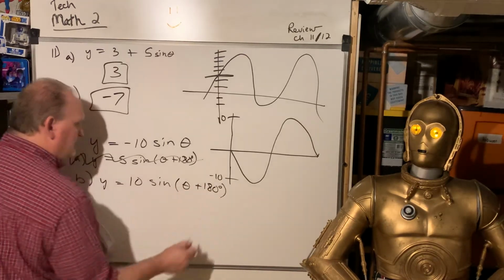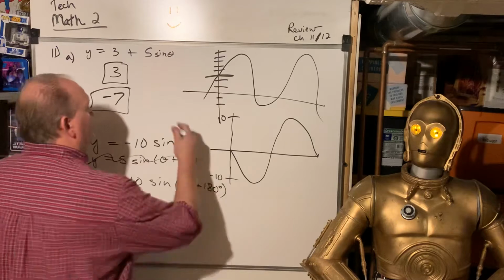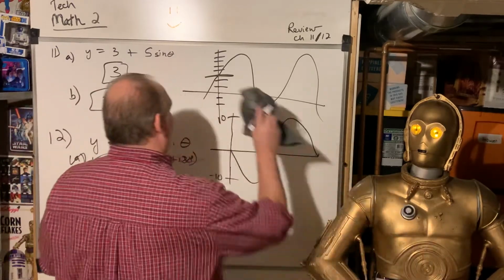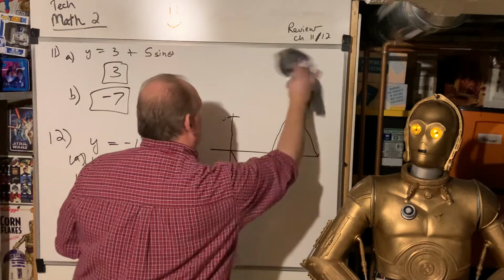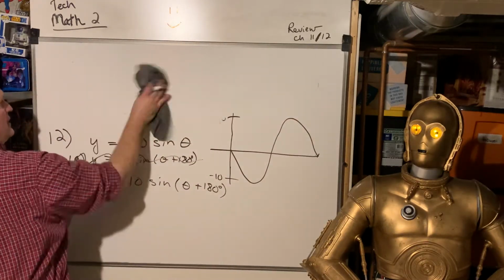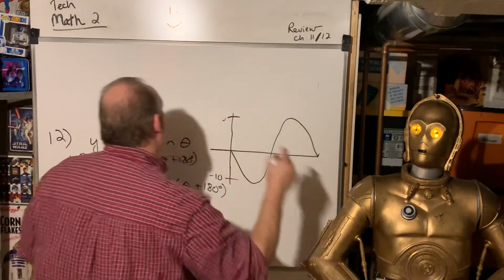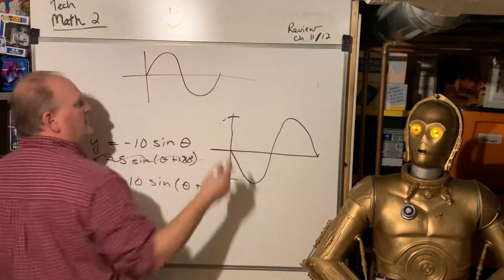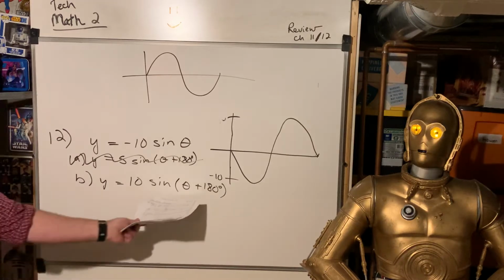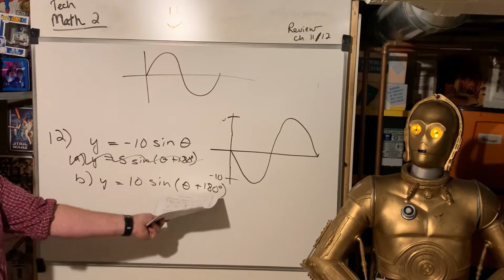So what that does is it takes the normal sine wave. Let me erase this guy up above here. Let's draw a normal sine wave. Okay, there's our normal sine wave, but it shifts it 180 degrees to the left.